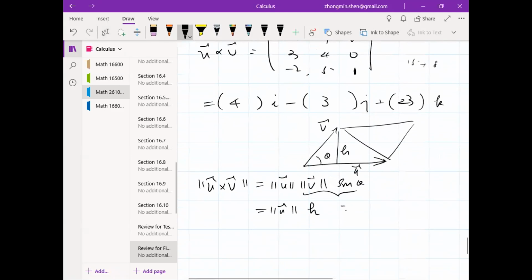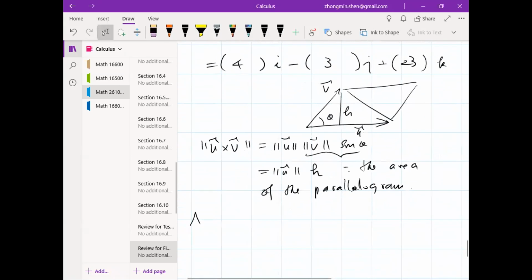So that is the area of the parallelogram spanned by u and v. So the area of the triangle PQR is going to be half of that.